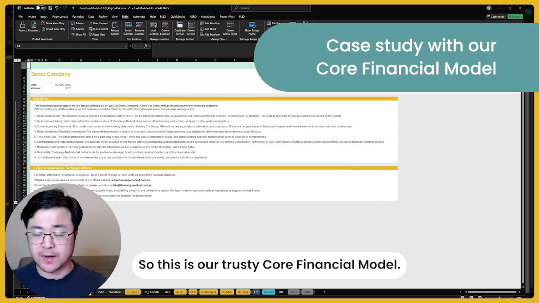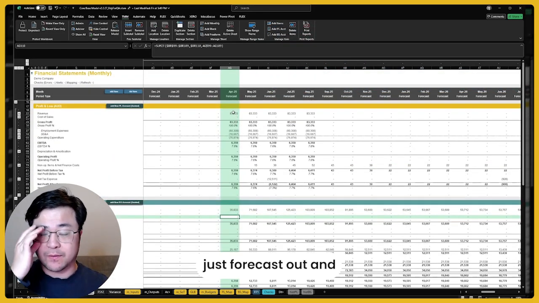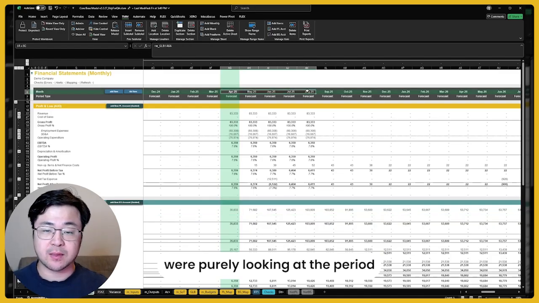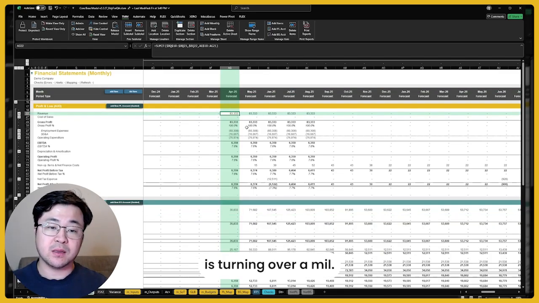So this is our trustee core financial model. We've got a business here just forecast out, and we're purely looking at the period in question. This business on average is turning over $1 million.